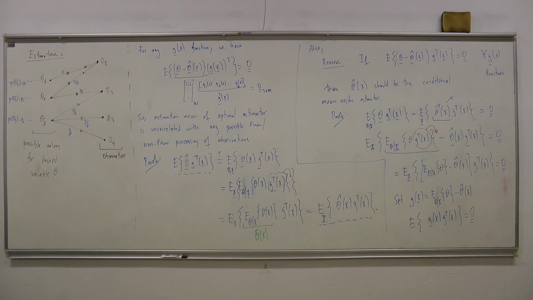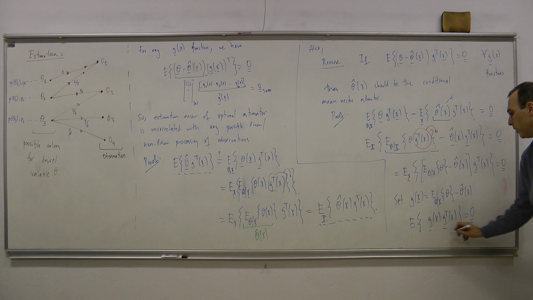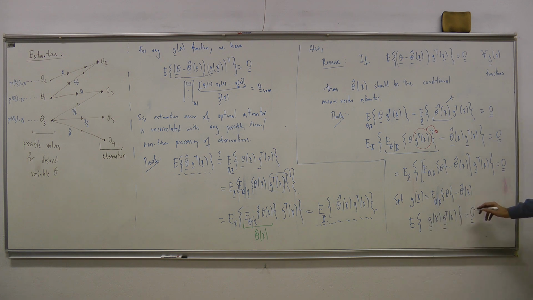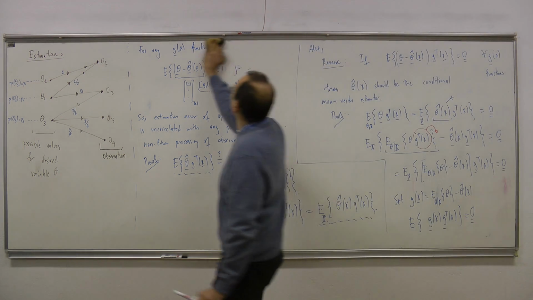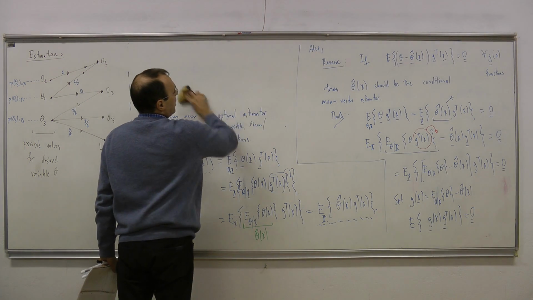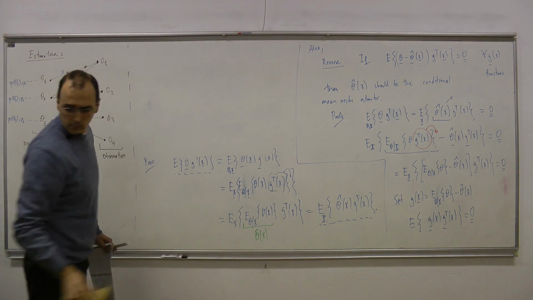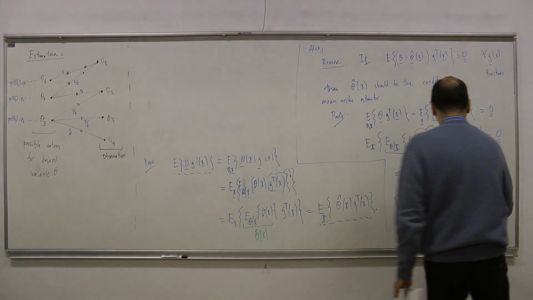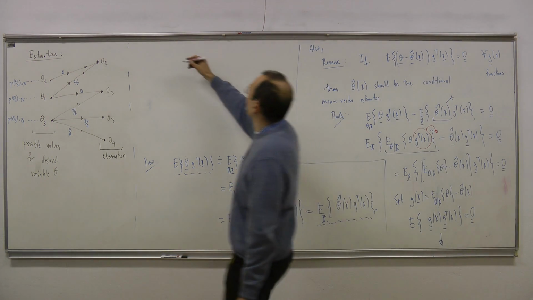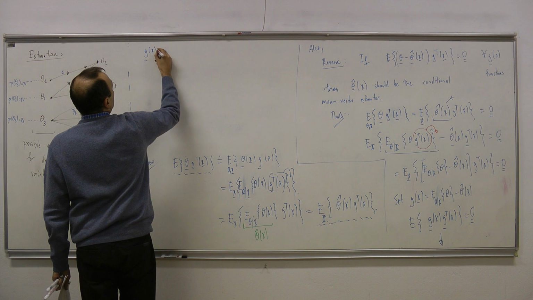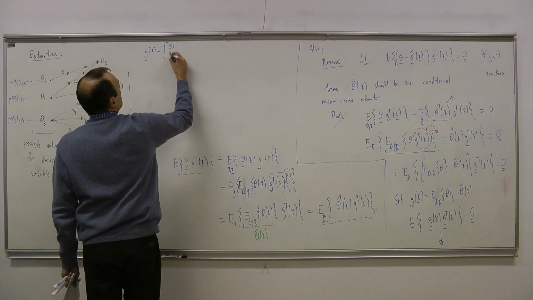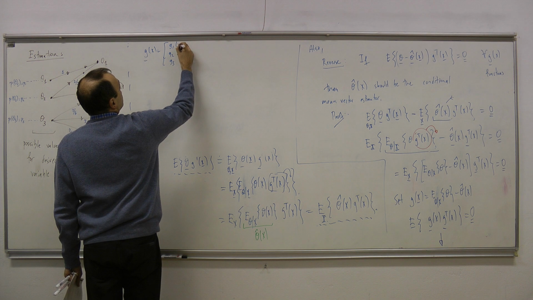So how can this be equal to 0? G times G transpose. If you check the diagonal terms of this matrix, this is only equal to 0 in a particular case. Let's say that G of x is G1, G2, G3 of x.